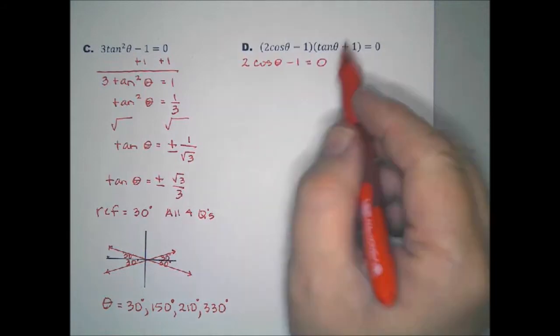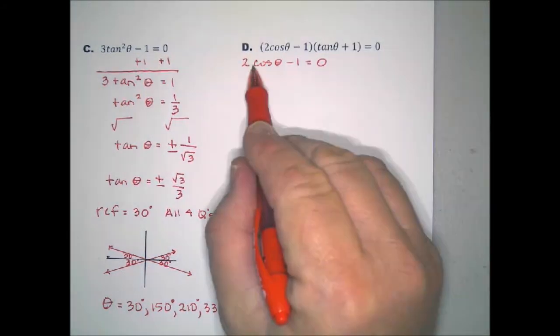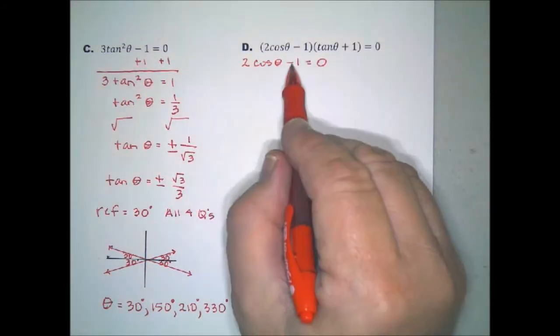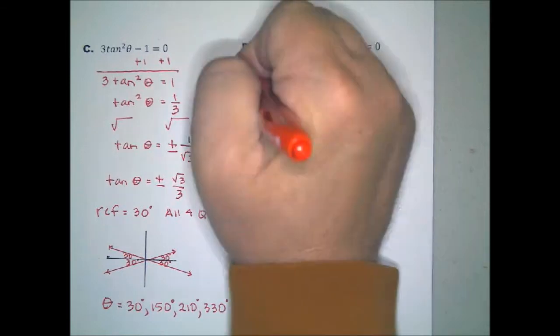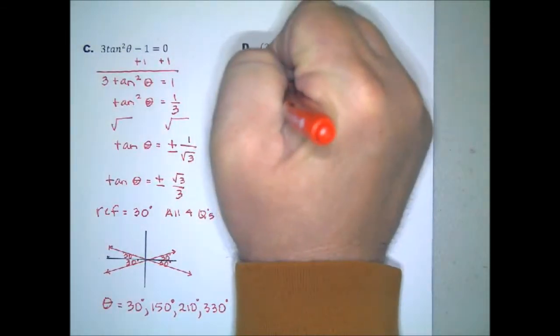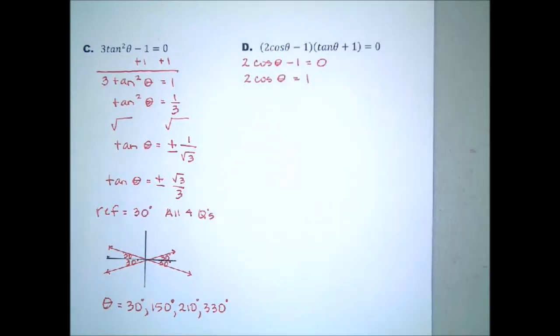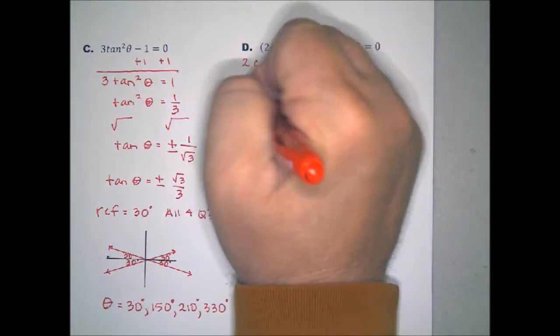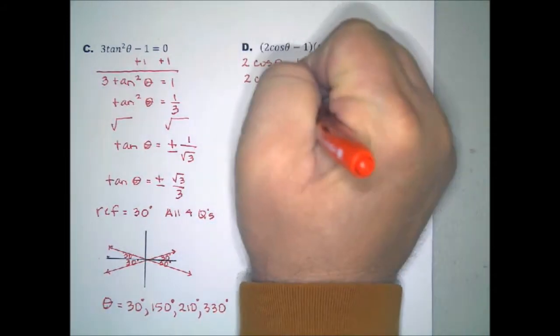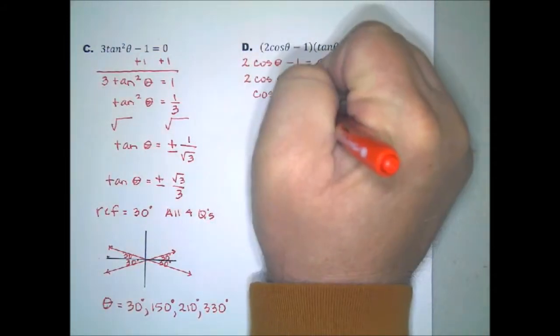We'll worry about the tangent part in a minute. Let's just solve this one. I would add 1 to each side, and I'd have 2 cosine theta equals positive 1. Now I would divide both sides by 2, and I'd have cosine theta equals positive 1/2.